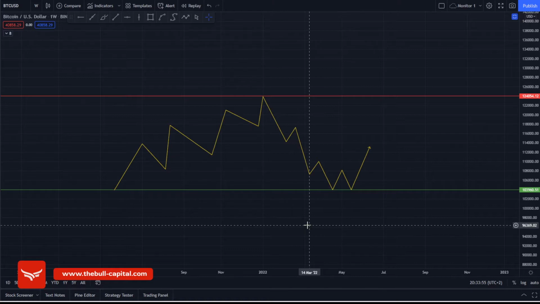Support and resistance levels are actually the base of most of the tools that you're using, for example Fibonacci, volume profile, order flow, and so on.